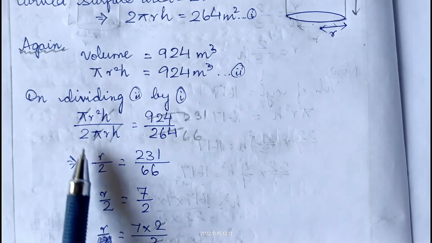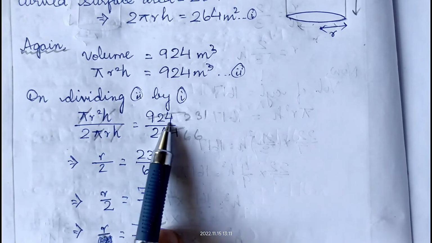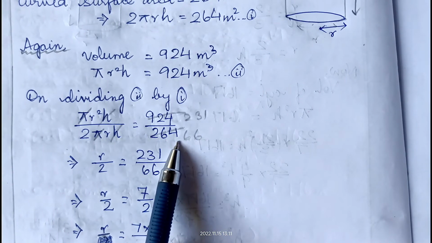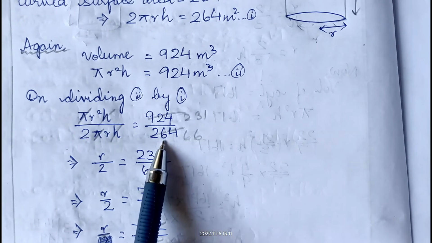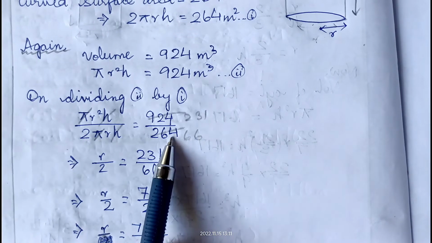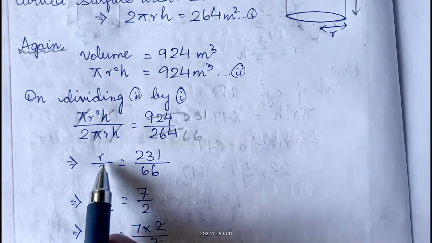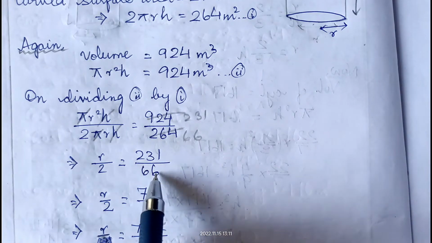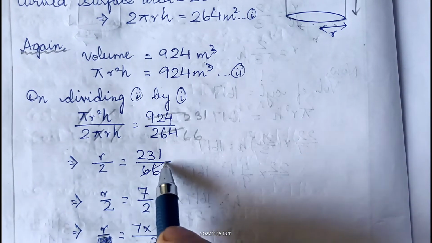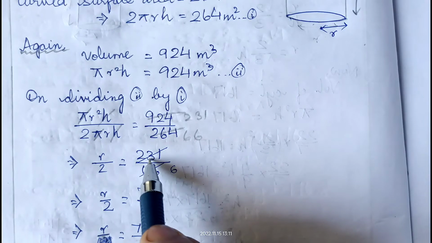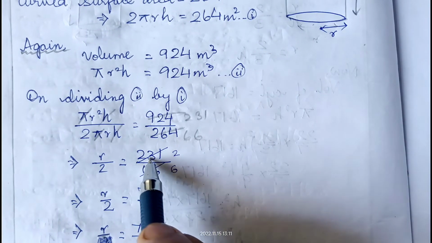So we are left with R by 2 equals 924 by 264. If I cancel by 4, 4 6s are 24. Again 24, 4 6s are 24. And here if I cancel by 4, it will be 231. So we got R by 2 equal to 231 by 66. If I cancel by 11, it will be 6. And if I cancel by 11, it will be 2 11s are 22.